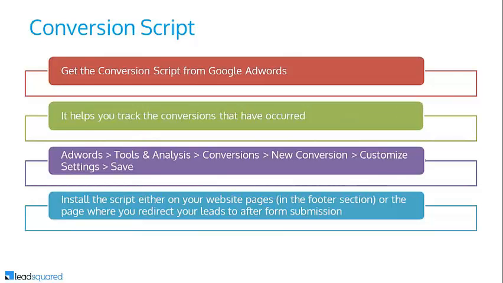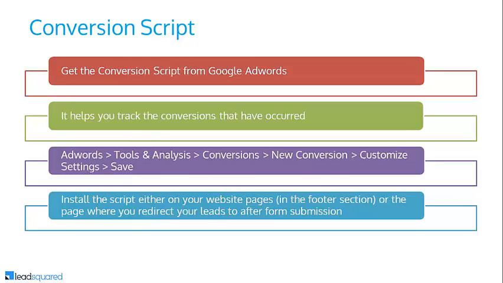For creating a conversion script, you need to go to AdWords, click on the Tools and Analysis tab, click on Conversions, and click on the New Conversions button. Customize the settings that appear and put in the data, and then you can save so that your conversion script or code is available.